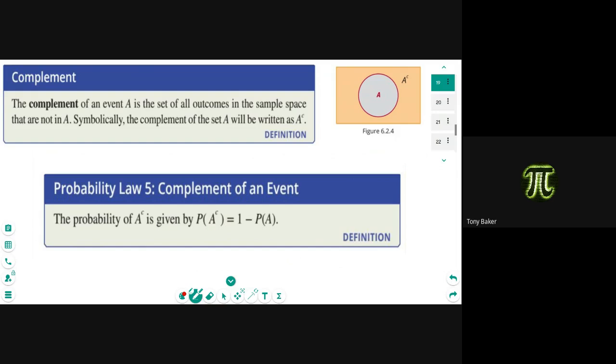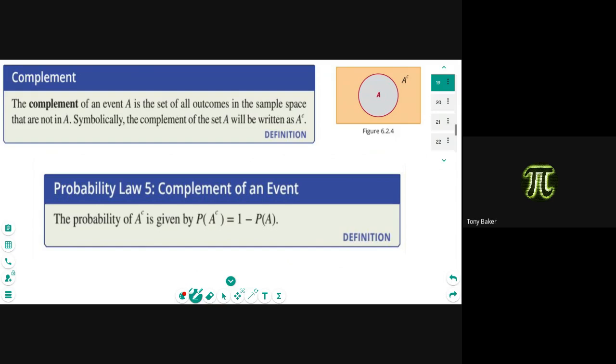Almost. Yeah, it's all of them. So it's the exact opposite. So if I say 1 on a die, the complement of it is everything other than the 1: 2, 3, 4, 5, 6. Okay. So the complement is the exact opposite of it.